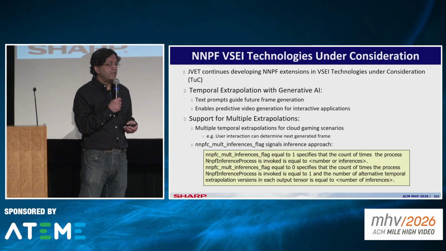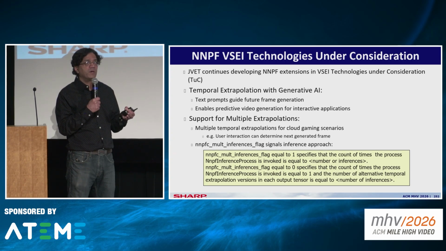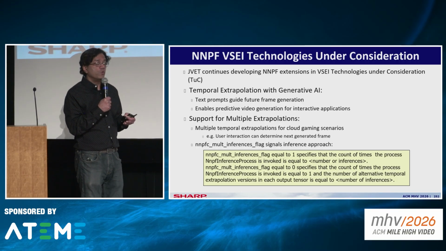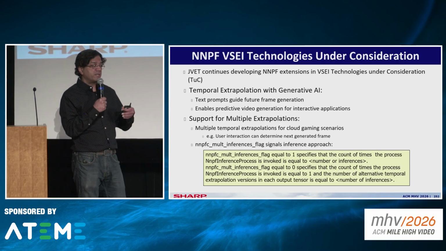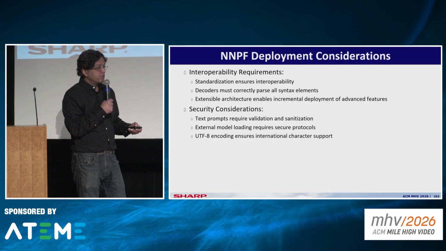And additionally, there is support for multiple extrapolation. So instead of generating just one possible extrapolated image, you want to generate multiple of those. And there are currently two ways supported to do that. One is either you can invoke your neural network post filter once, and it produces more than one possible output, or you can just invoke it multiple times, and there is some signaling for that.